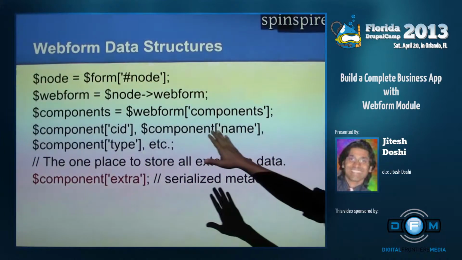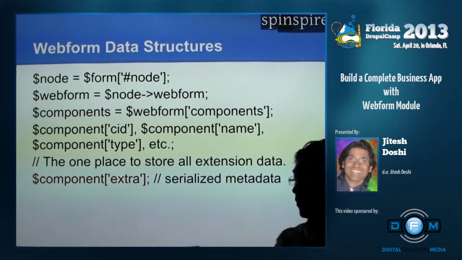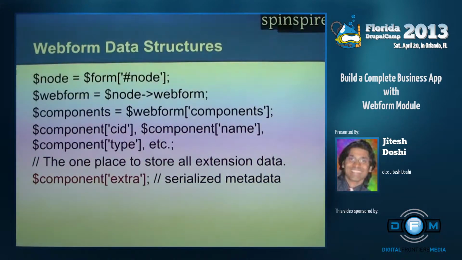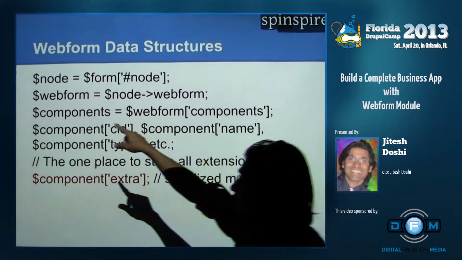When you're altering, you basically take the Webform component editing form and alter it just a little bit. But when you are altering it, this is the information that is available to you. You have the node available to you.